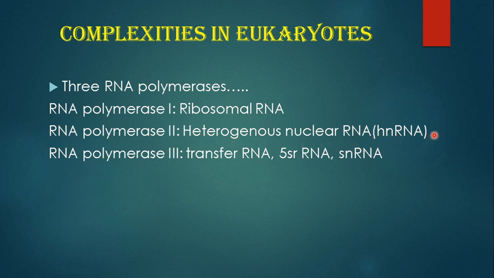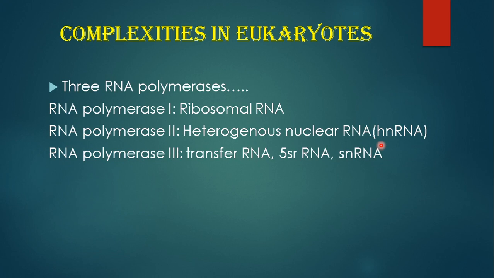Now, what is this heterogeneous nuclear RNA? The one which we have just now seen being formed, that is heterogeneous nuclear RNA. Heterogeneous means mixture. So the RNA that is formed will be made up of coding and non-coding sequences. Hence, it is called heterogeneous nuclear RNA.